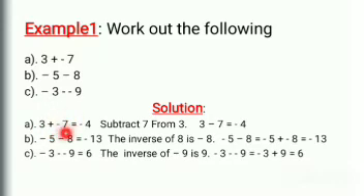Is that okay? So the inverse of minus 7 is what? Plus 7, right? So you want to change this plus to minus. So this plus has already been changed to minus here. Now this minus 7 has already been changed to what? Plus 7. That's why you are having 3 minus 7. And the answer is minus 4.